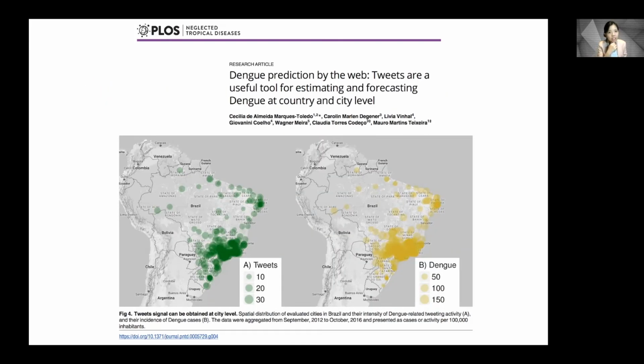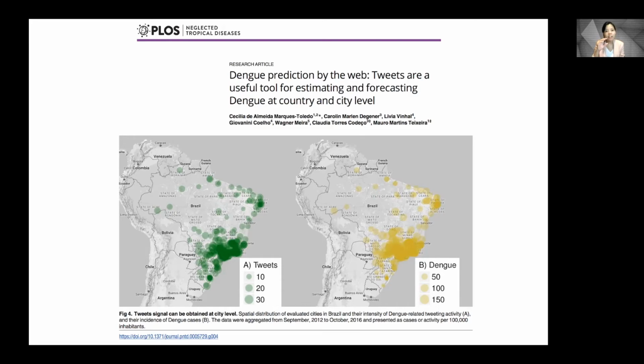In this study, they try to predict dengue through the tweets that are being collected. So if somebody tweeted, I have fever, I have high temperature, or I have dengue, then this information is collected and used to estimate and forecast or project what will happen in that area in terms of dengue.